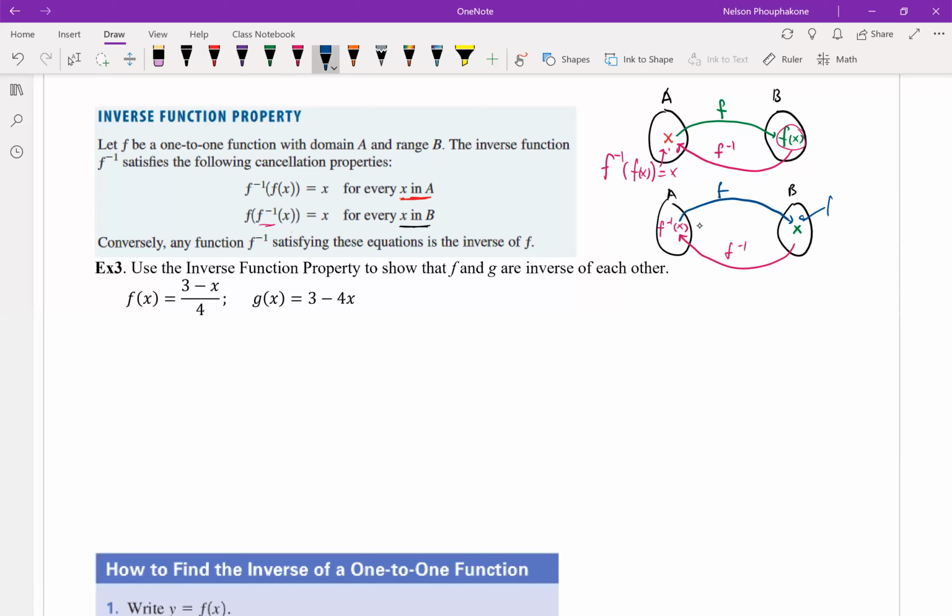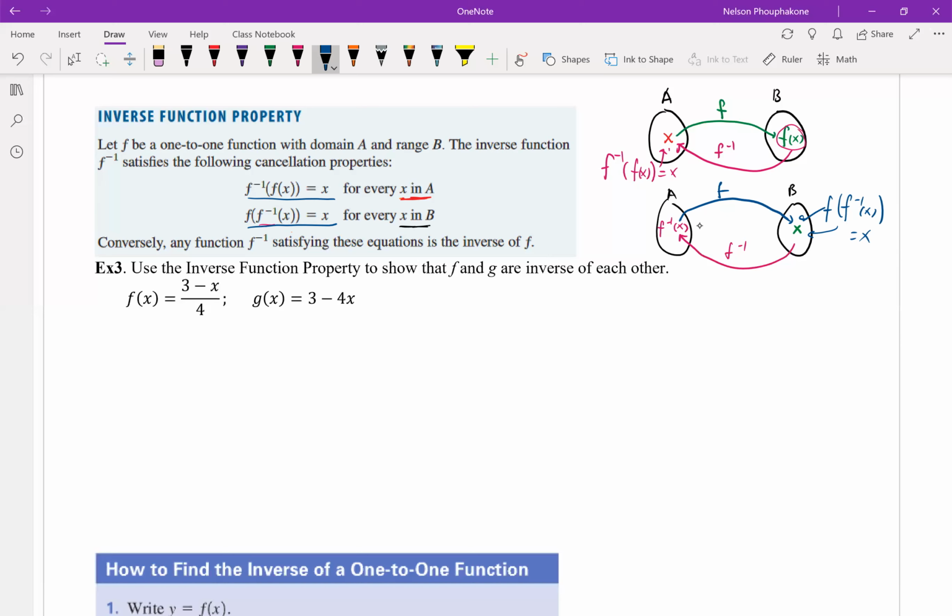Based on this, I will have f of f inverse of x. What is this equal to? It is equal to x. This is why we get the inverse function property. Conversely, any function f inverse satisfying this equation is the inverse of f.